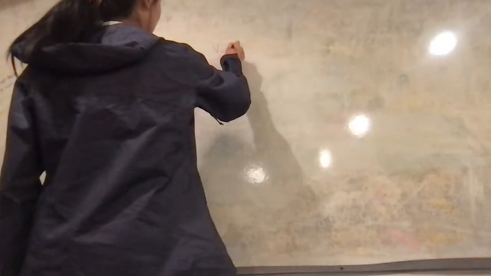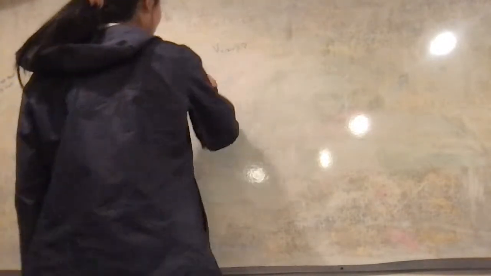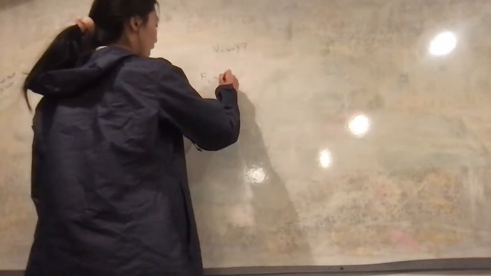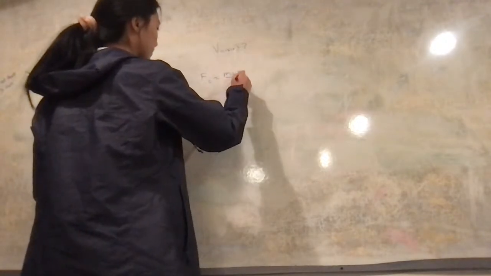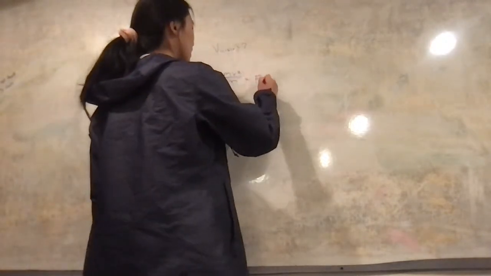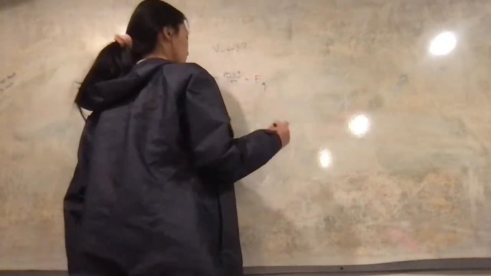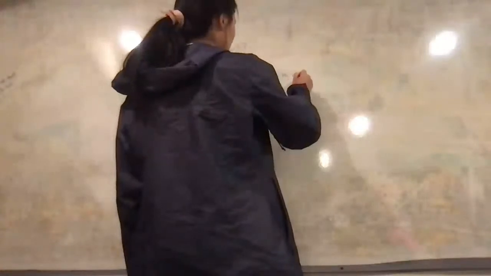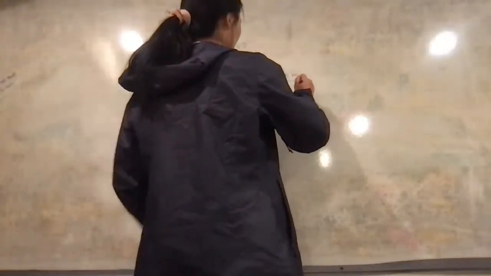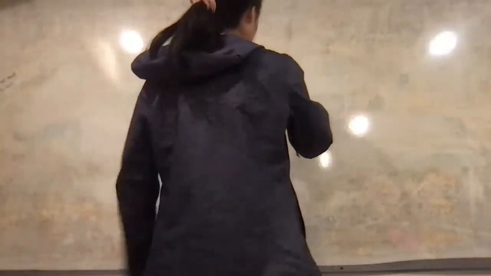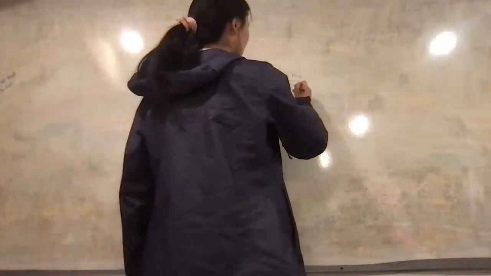We do Fc equals mv squared over r equals Fg equals G m1 m2 over r squared.